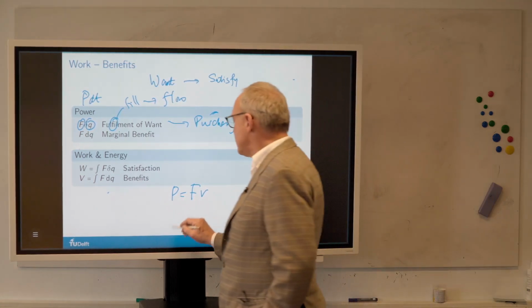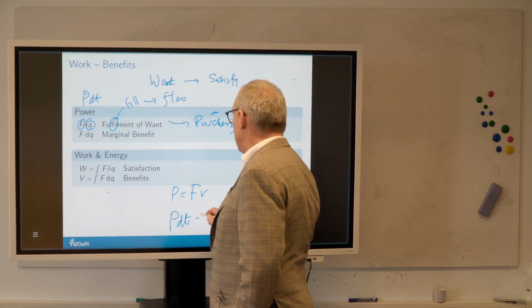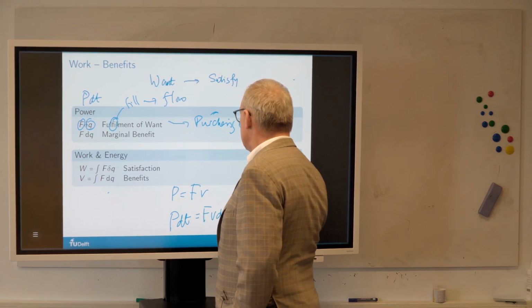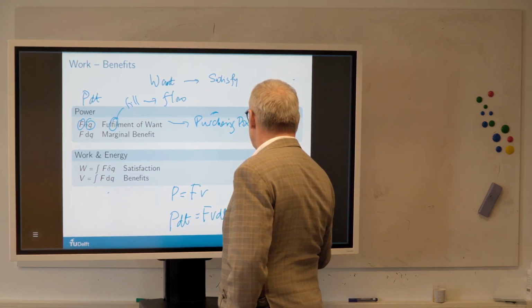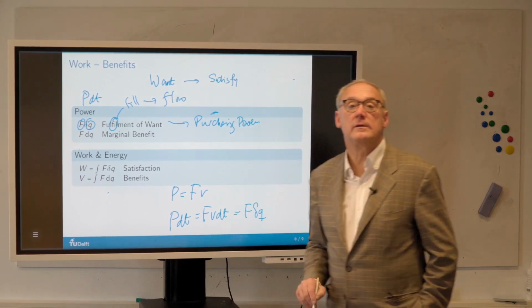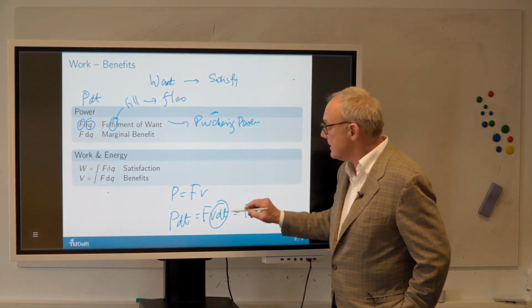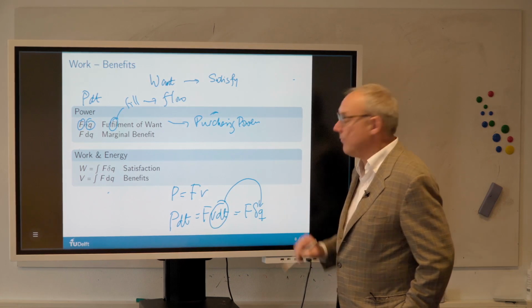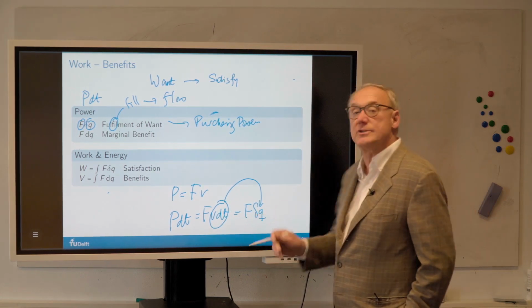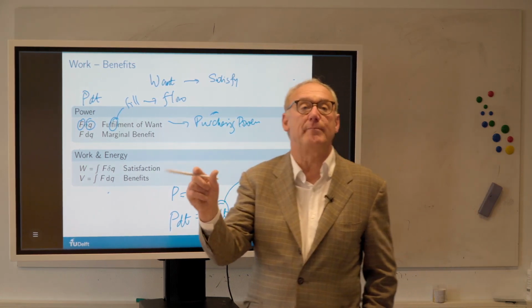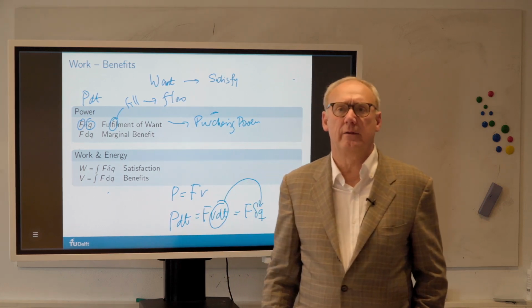And the power exerted over a small time interval is this. Because I just think that this velocity over a piece of time is going to be an increase in the amount that I purchased. All right?